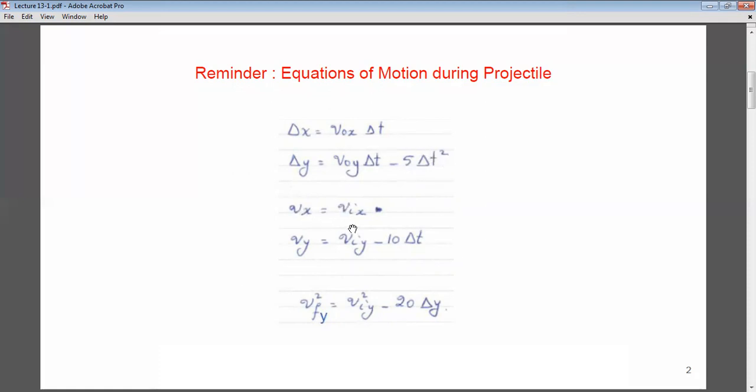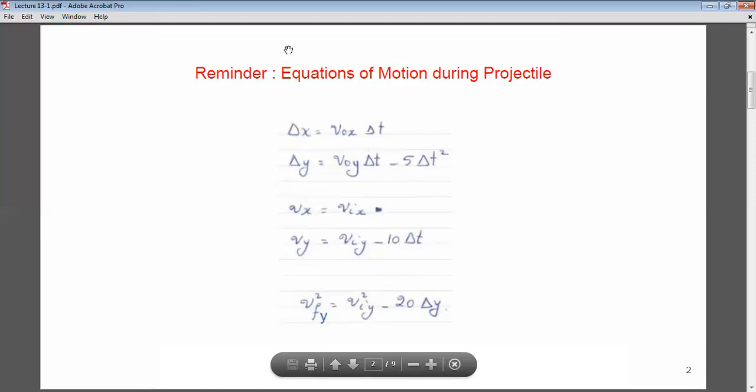Vx is equal to v initial x, which means the x component of v does not change along the way. And Vy is changing in such a way that Vy is V initial y minus 10 delta t, and Vfy square is V initial y square minus 20 delta y. This usually looks like Vy square equals V initial y square plus 2 ay delta y, but ay is minus 10, so we get this equation.